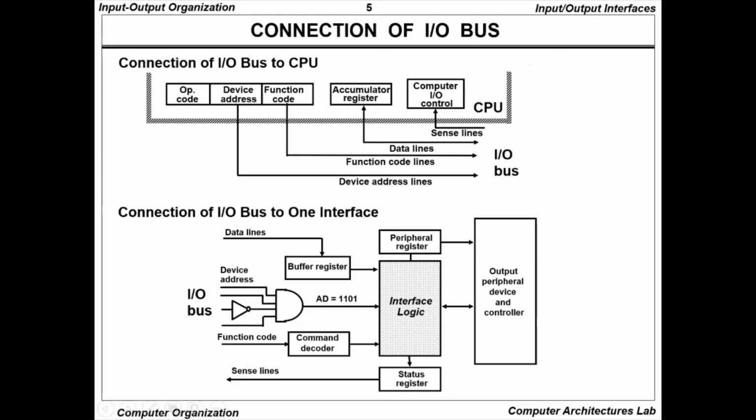Okay. Assume that this is a keyboard interface. The keyboard interface will have input output bus logic gates, and the keyboard interface will have a command decoder, and the keyboard interface will have the logic of what is to be received and what is to be produced. Okay. So receiving and transmitting, the exact words we can say.